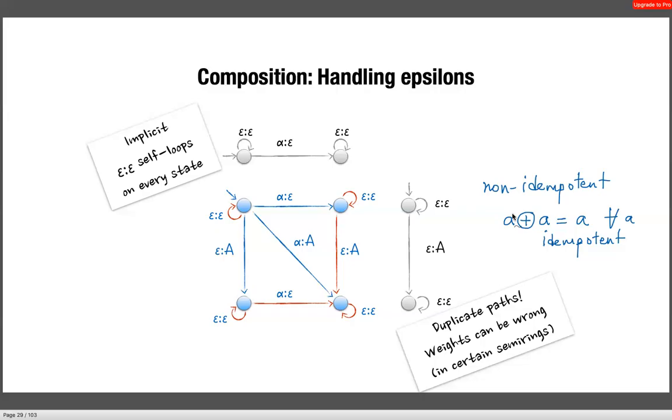So this could really mess up the resulting weights in the composed machine.